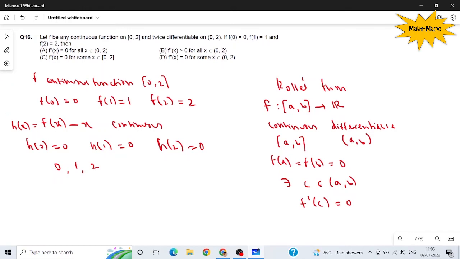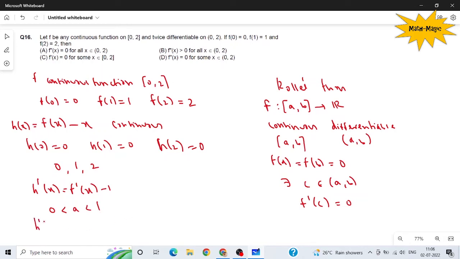So h has roots at 0 and 1, so h dash of x, which equals f dash of x minus 1, will have a root between 0 and 1, say a, with 0 less than a less than 1.